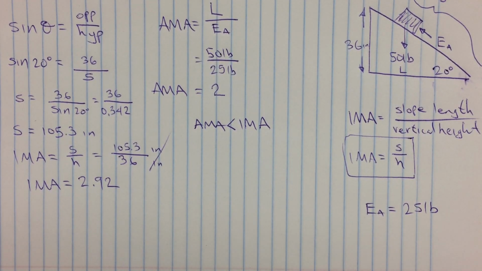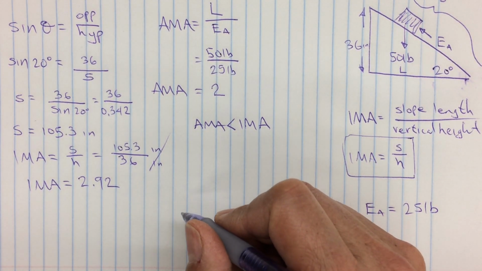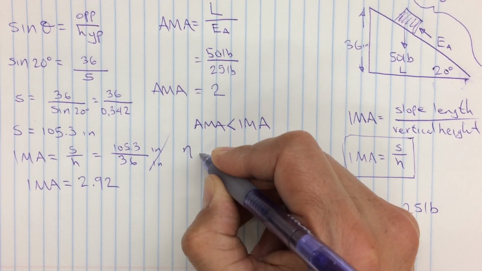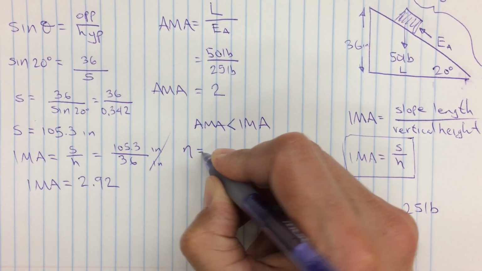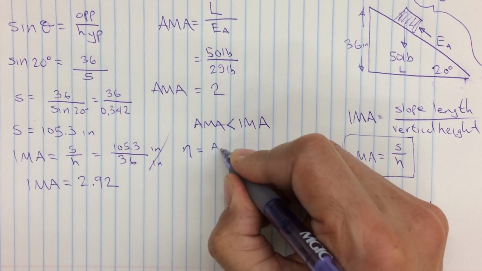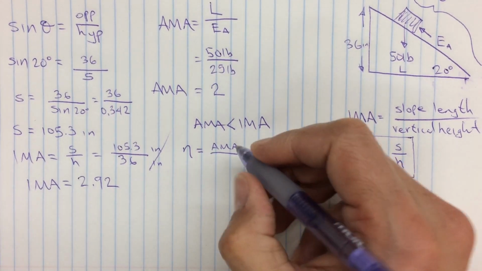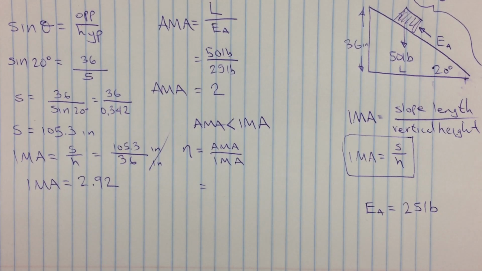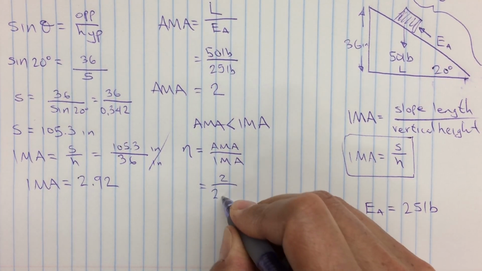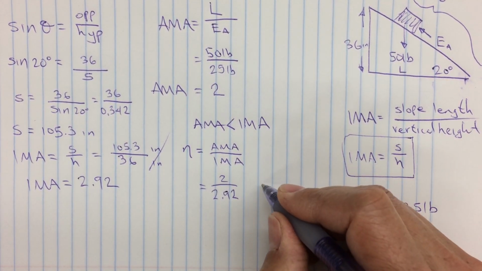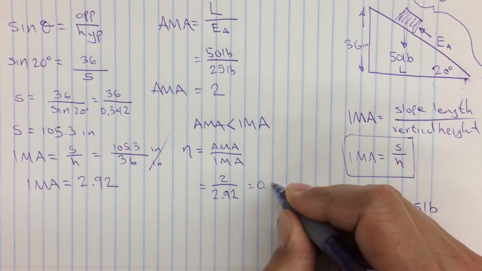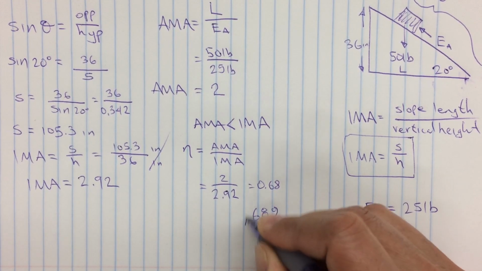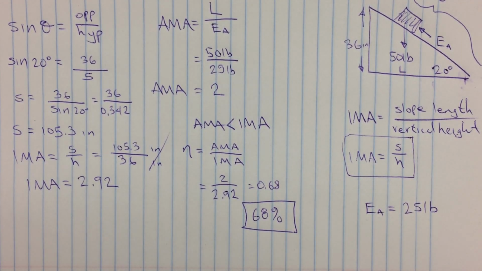Okay? So in this particular case, what is going to be our efficiency? Right? So efficiency, and for lack of a better symbol, that's going to be kind of a goofy N, is going to be AMA over IMA, which is 2 divided by 2.92, which is equal to 0.68, or 68% efficient.